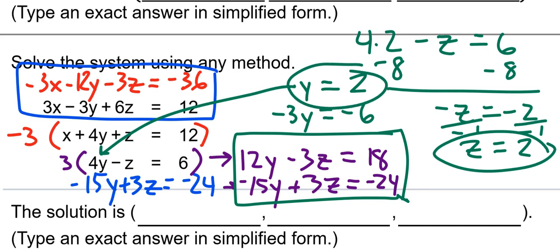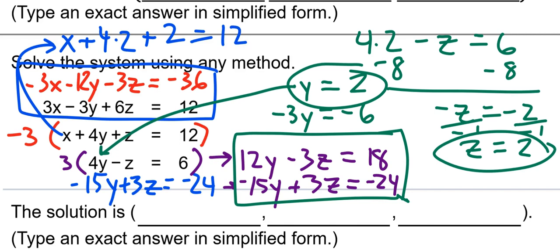Now what? Same old story over and over, right? I'm going to pick this equation right here. X plus 4 times 2 equals 12. Hopefully I wrote that down right.